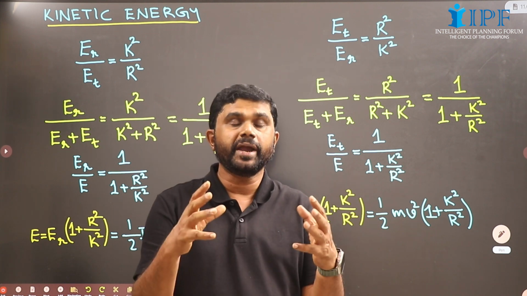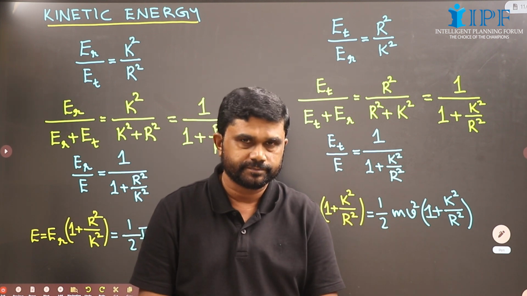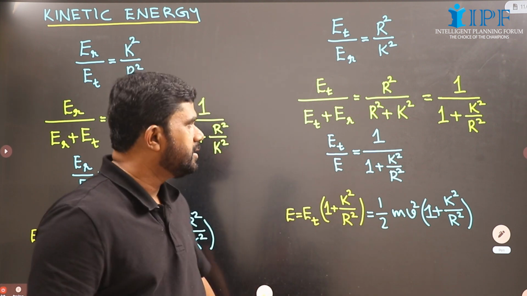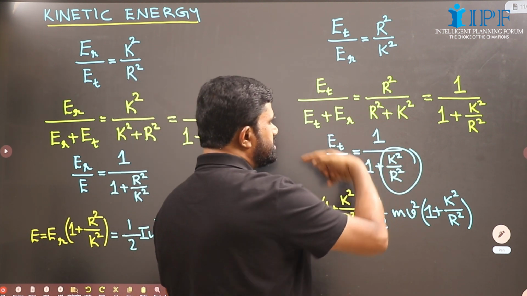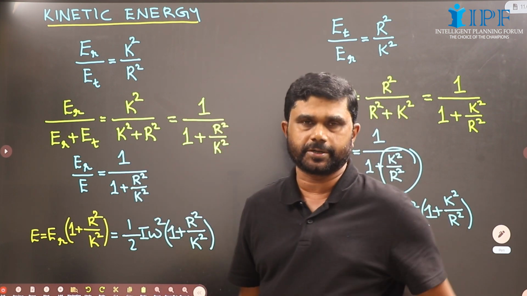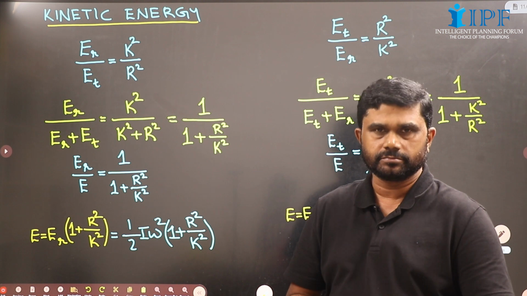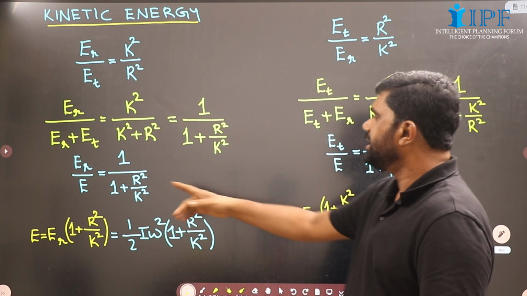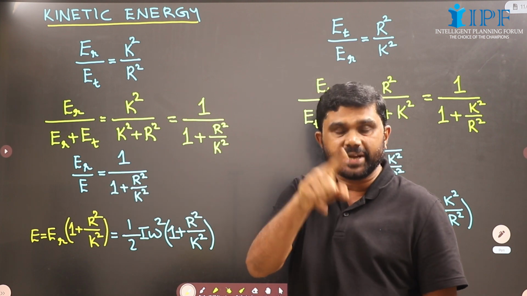Children, you may be confused or you may not be able to remember whether this ratio is K square by R square or R square by K square. That may be your confusion. So here we have rotational by total.